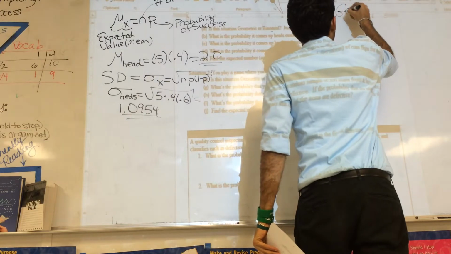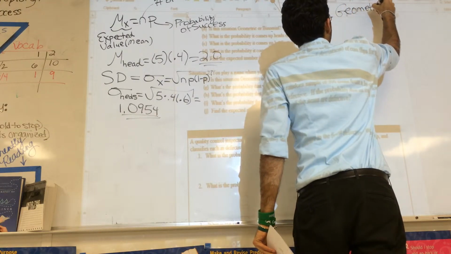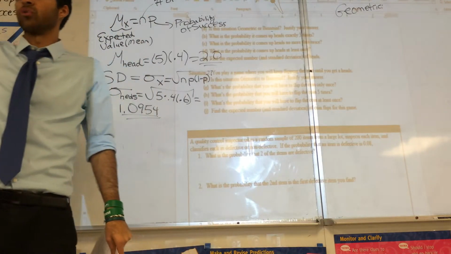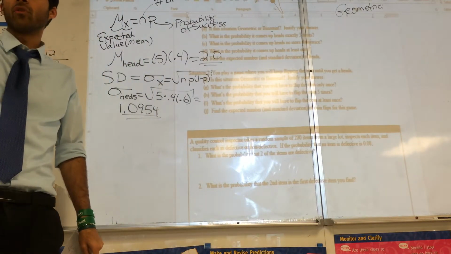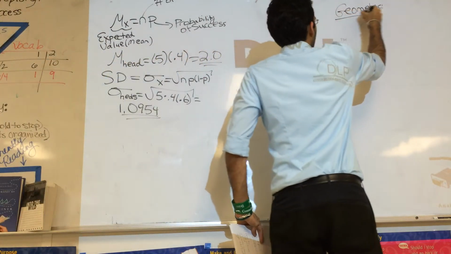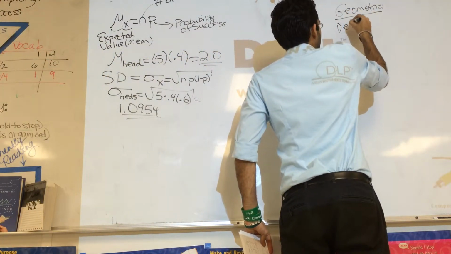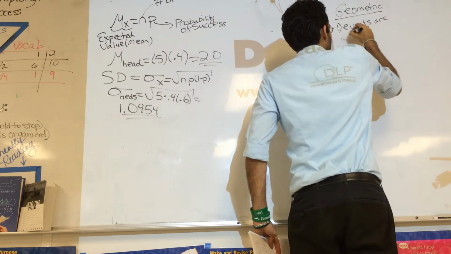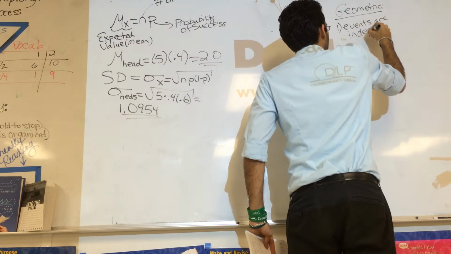Just like for binomial probability, geometric has 4 conditions that have to be true. Condition number 1 is that the events are independent, the same condition as for the binomial.